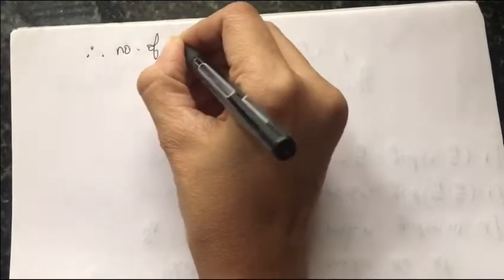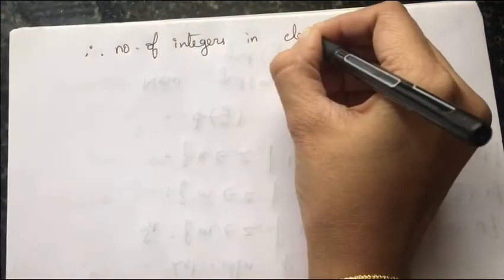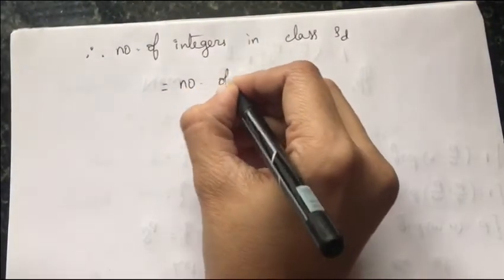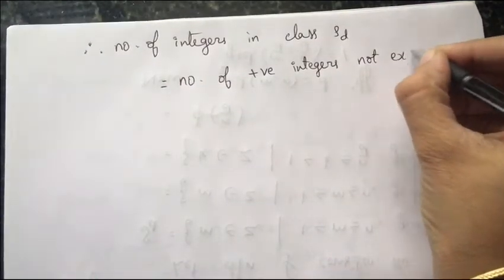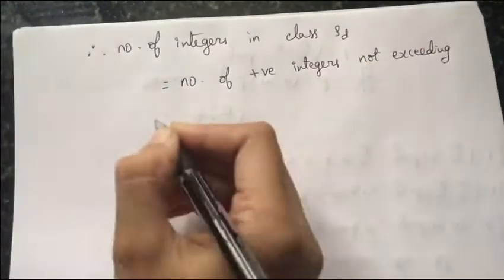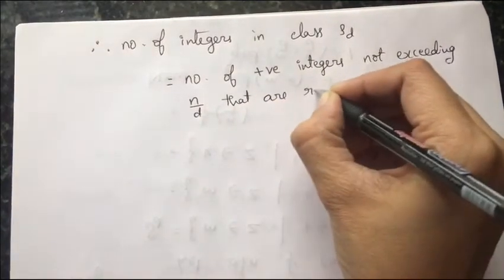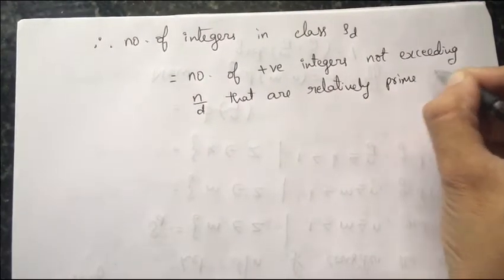Therefore, I can write the number of integers in the set S_d is equal to the number of positive integers not exceeding n by d that are relatively prime to n by d.